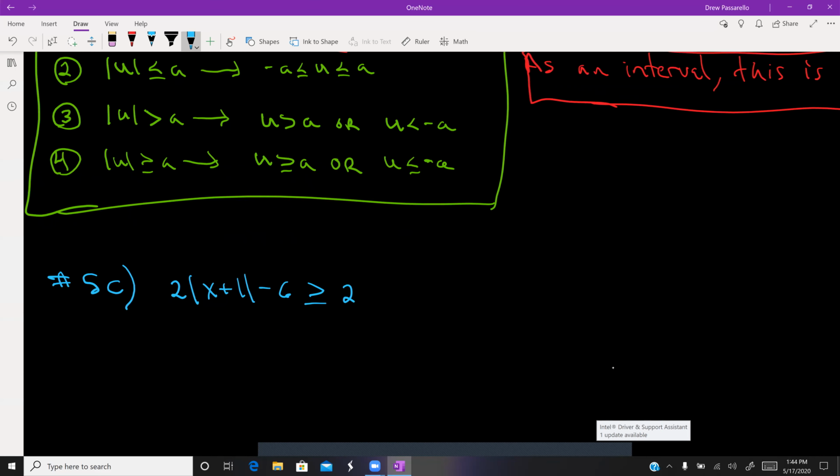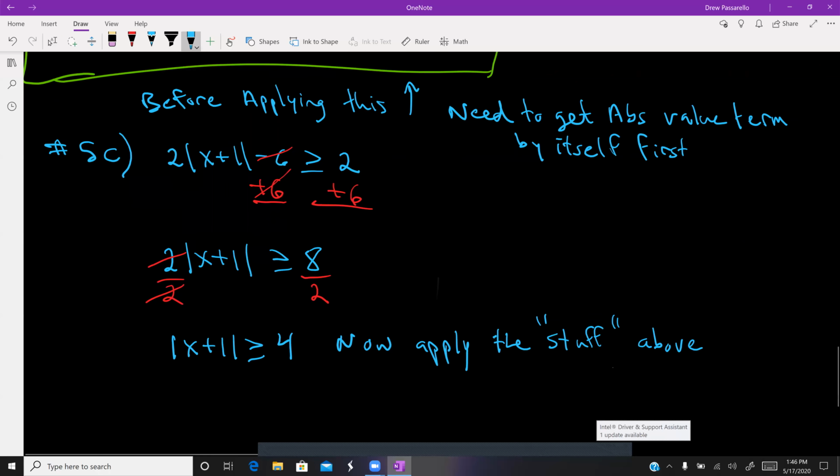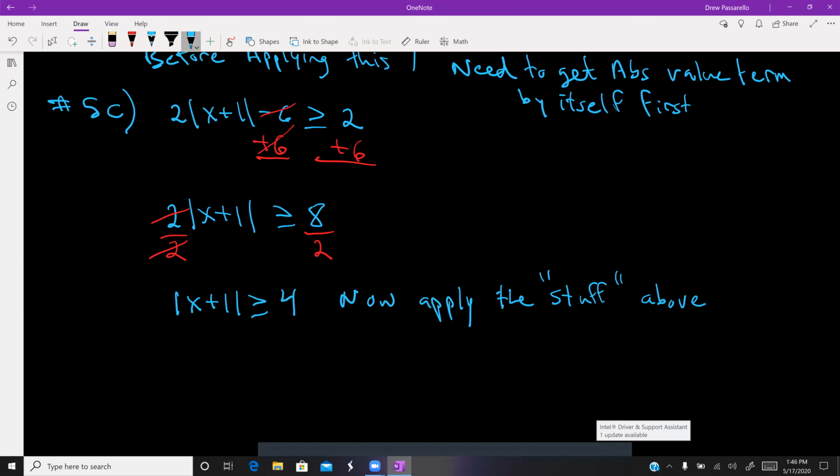All right, now I'm going to apply the stuff in green that's above. And you focus on the sign. Well, what sign do I have?